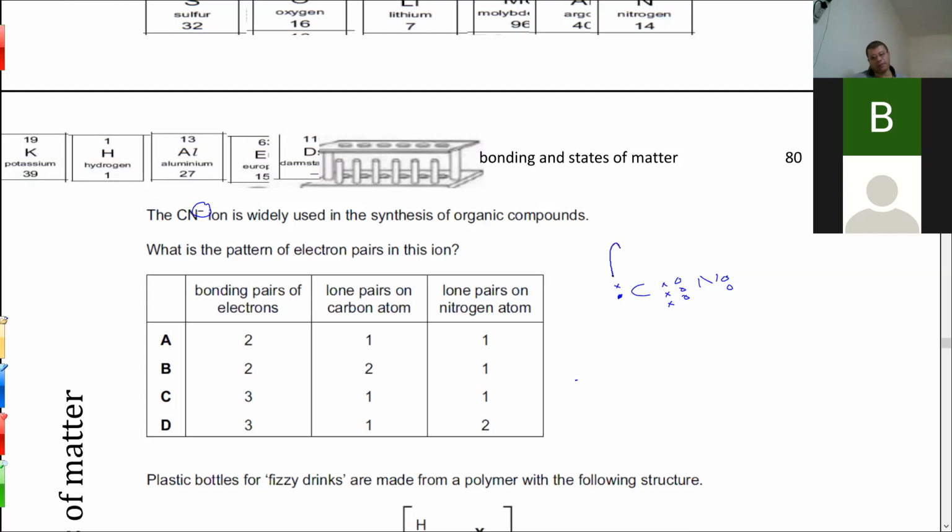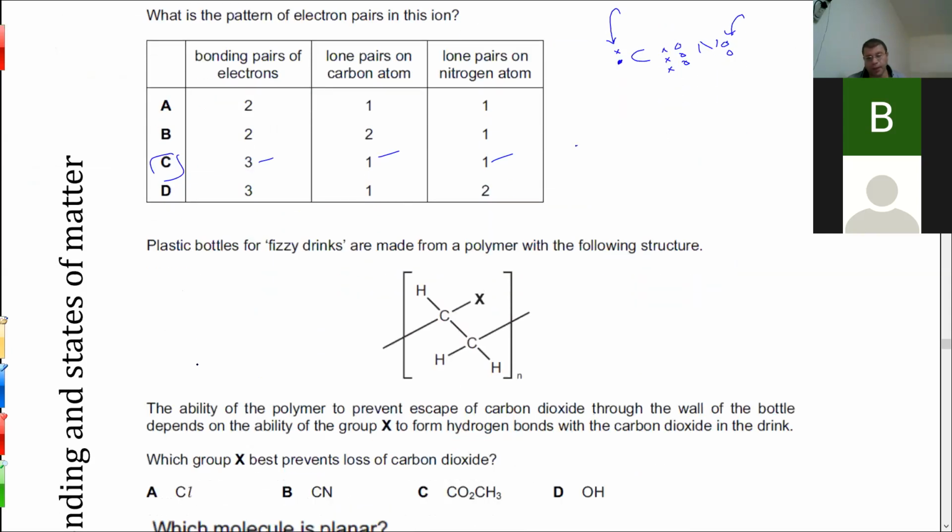So we have a pair with the carbon, a pair with the nitrogen, and 3 pairs between them. So in a case like this, the answer is letter C. Okay? Clear for us?